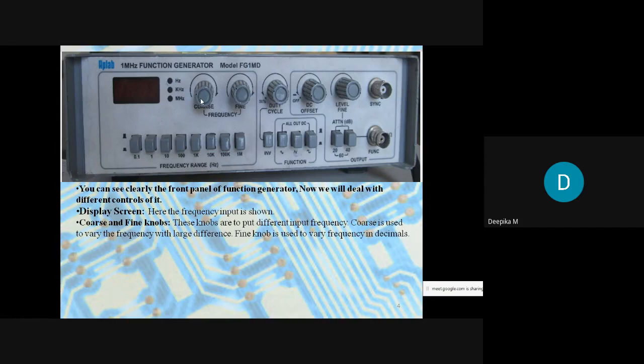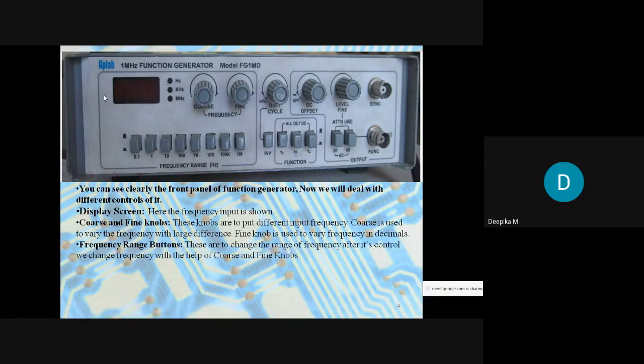The fine adjustment is for fractional or decimal point adjustment. If I want to keep the frequency at 25.5 or 25.6, this fractional adjustment can be made accurately by using the fine adjustment.